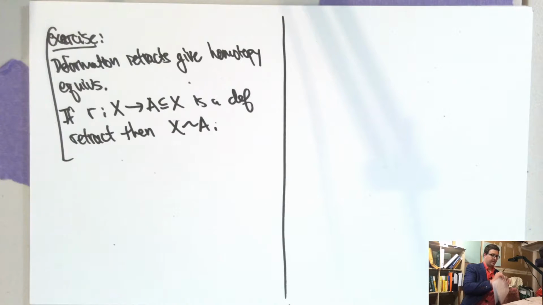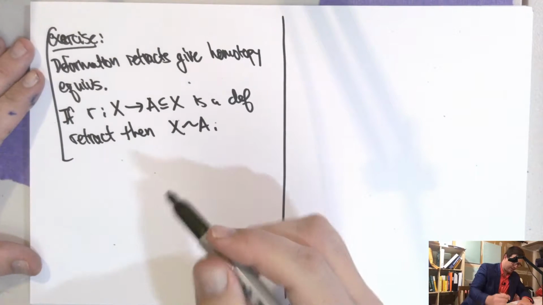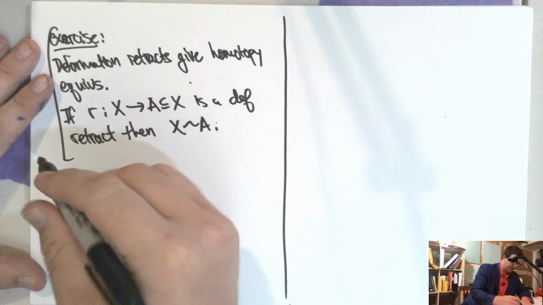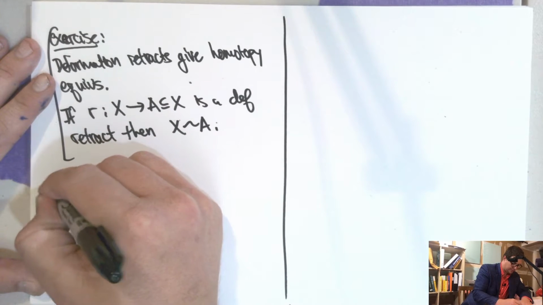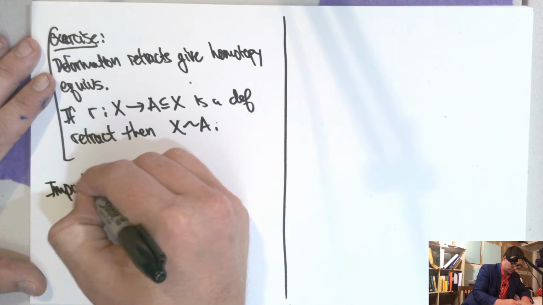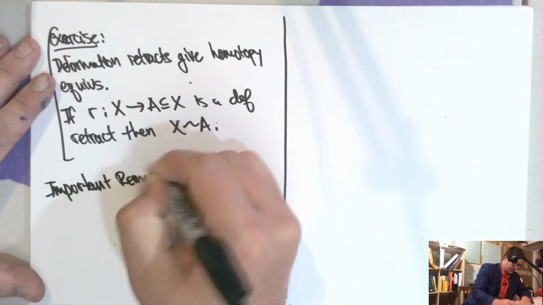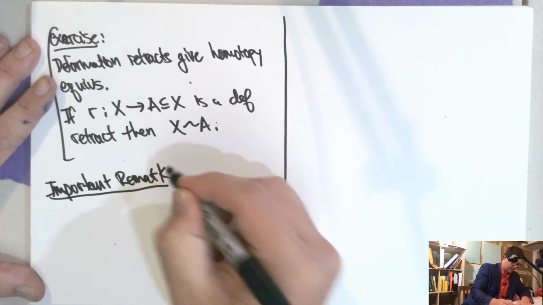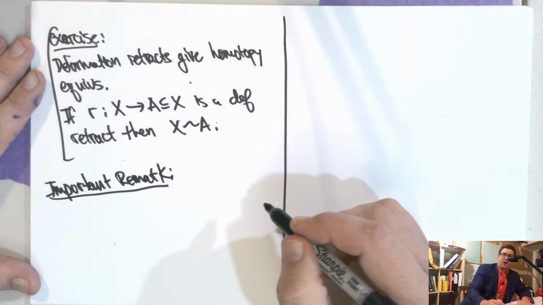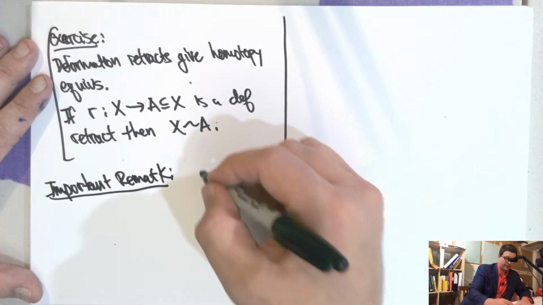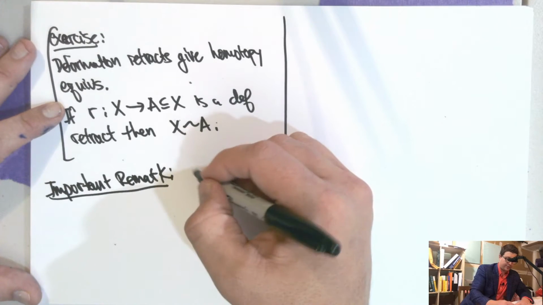Okay, so let me make an important remark. Pretty much all homotopy equivalences come from deformation retracts.